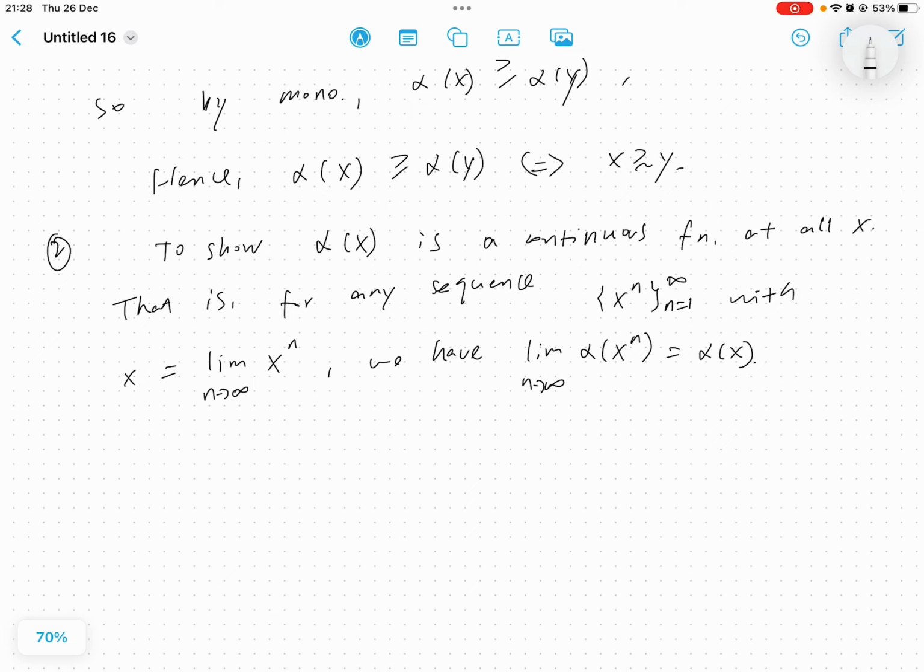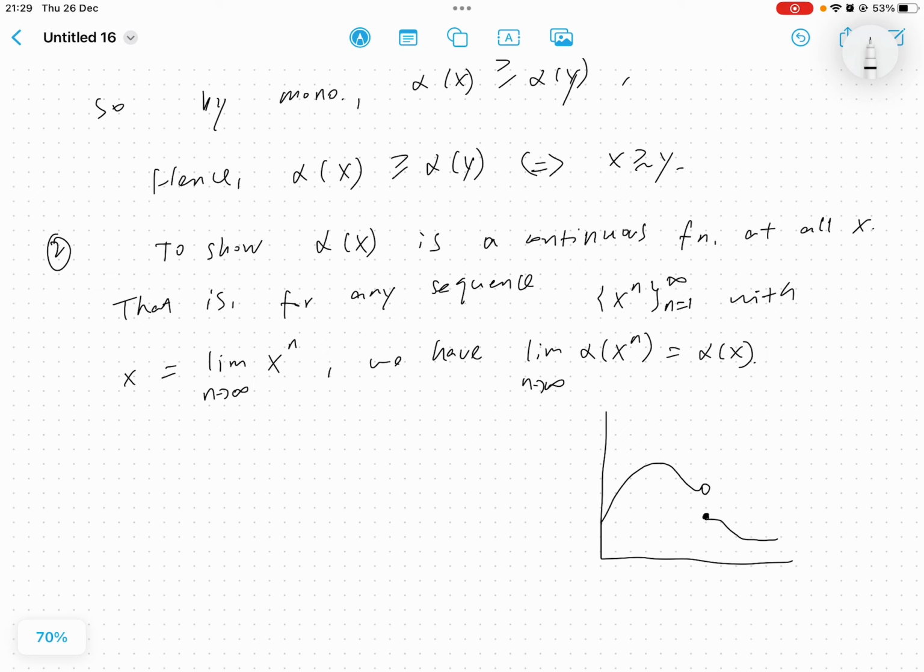If the limit doesn't equal the value at some point it is approaching, if there's some break point, then this function is not continuous. For example, if we have some function here with an empty circle at this point, but it is continuous on the rest, then this function is not continuous.